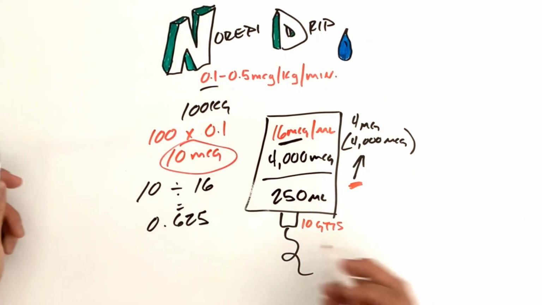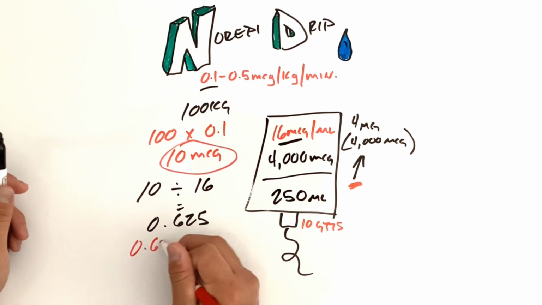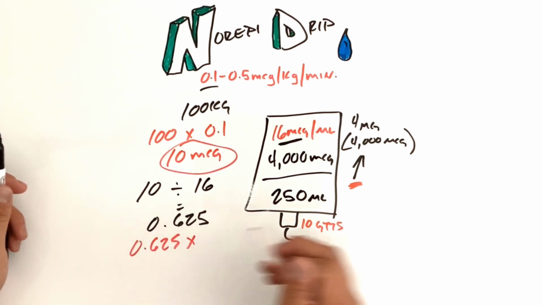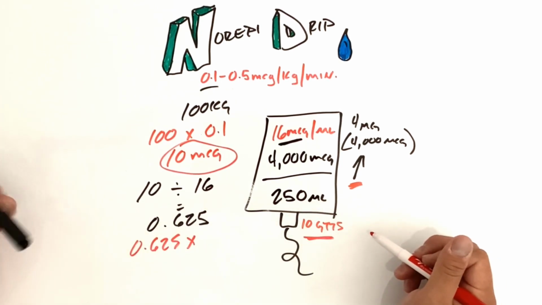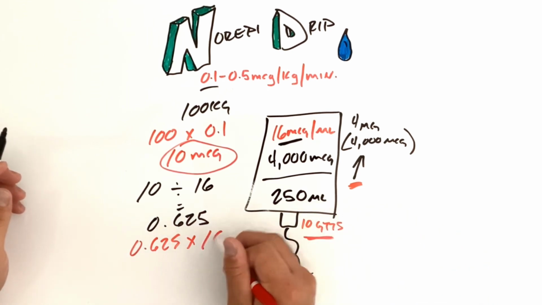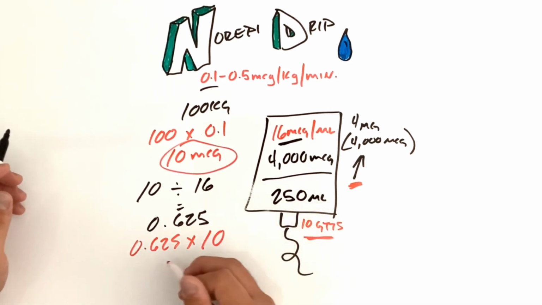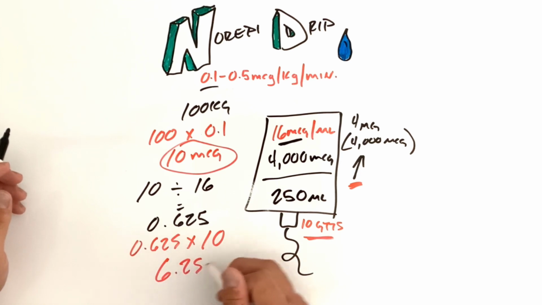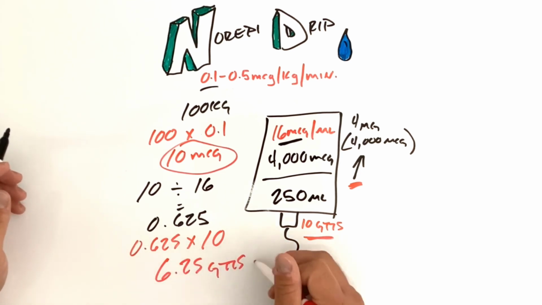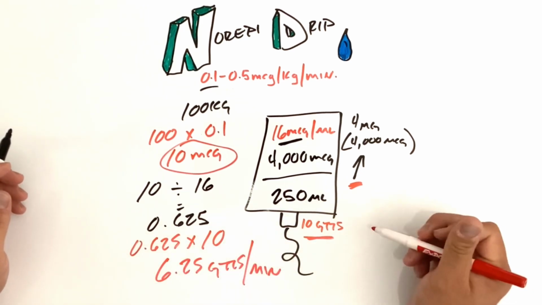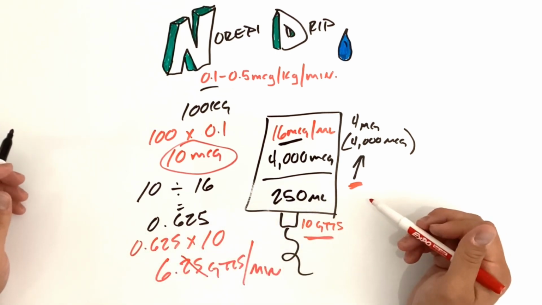We're going to follow the same process, take our 0.625, and multiply it by my drip set that I'm using, which is a 10 drop set here. We're going to multiply that by 10, and that's going to give us 6.25 drops per minute. We can round down, let's call it 6 drops a minute.